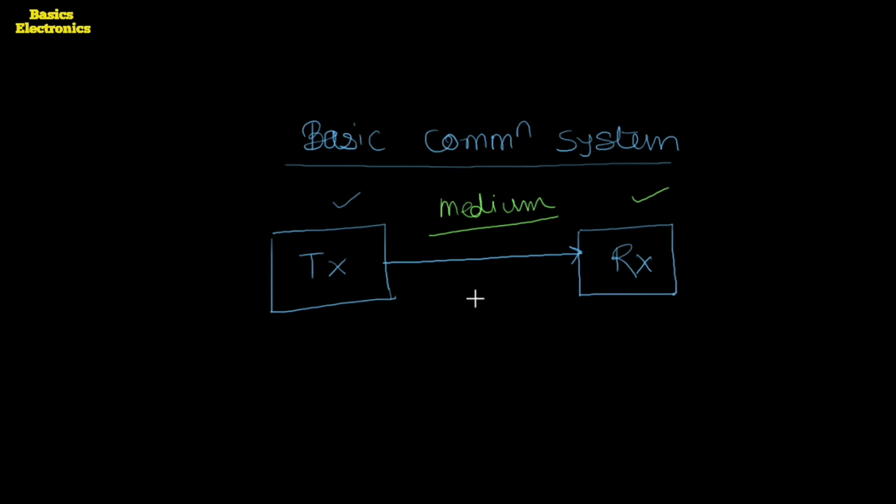When we transmit the data through the medium, one extra input gets added, and that extra unwanted input we call noise, and due to noise the data bits may be lost.